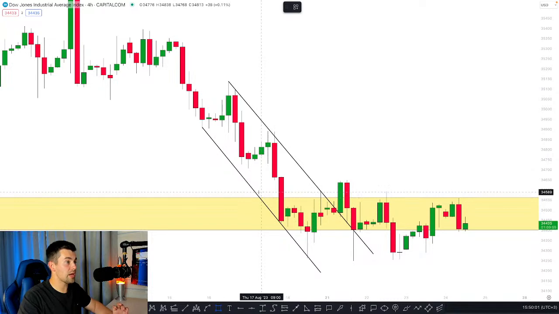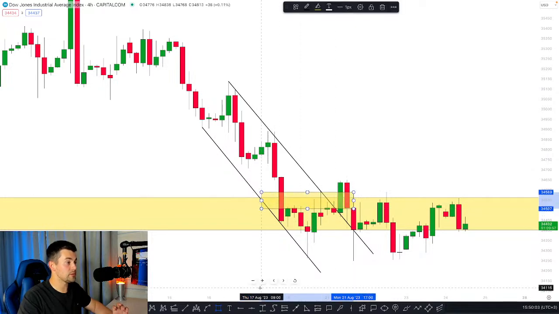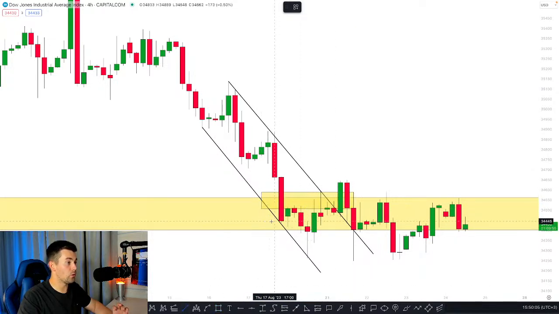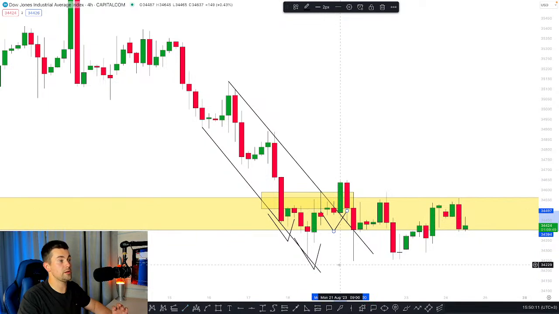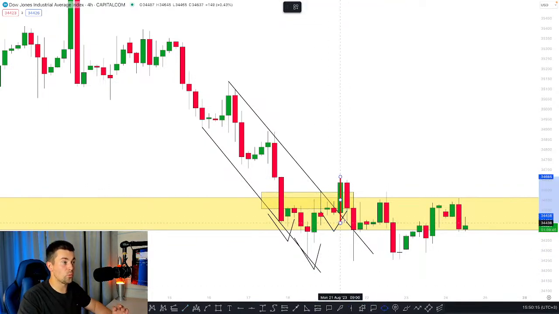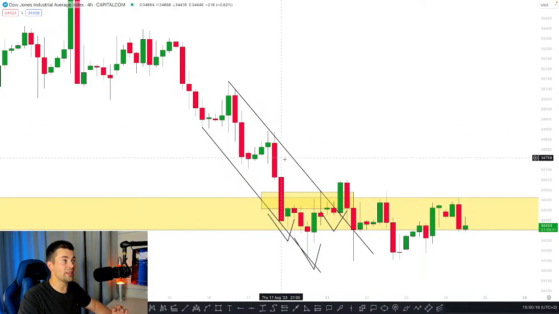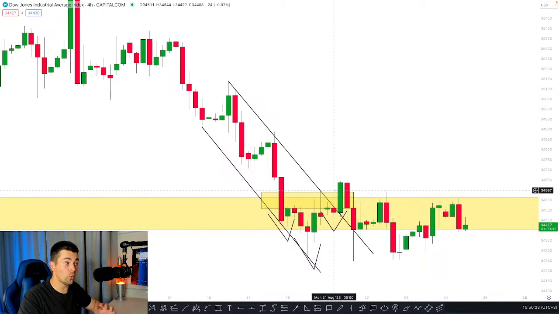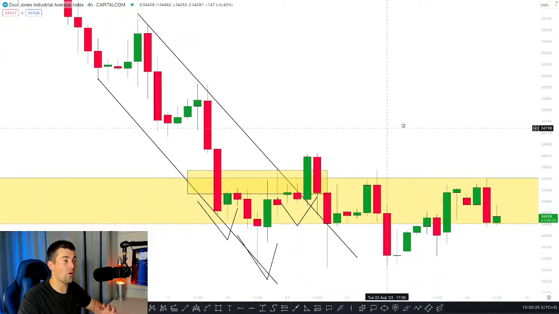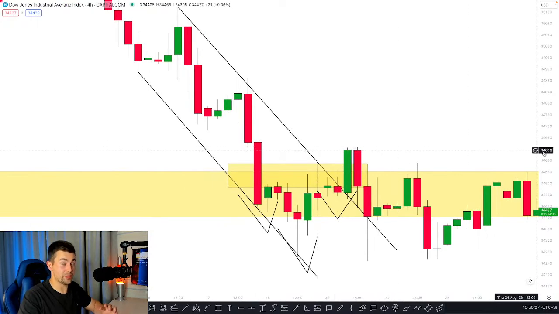And within that falling channel, you can see that the price formed the inverted head and shoulders pattern. Traders, here it goes. Here is the pattern. And you can see that with this one single bullish candle, the market violated the resistance of the channel and also the neckline of that head and shoulders pattern.